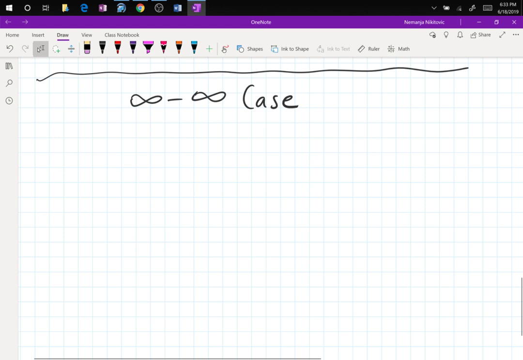Remember that the only way to do L'Hopital's rule is to have 0 divided by 0 or infinity divided by infinity. Okay. The previous problem was multiplication, and we used the trick to change multiplication into division, and then we had 0 over 0, we can use L'Hopital. Now it's subtraction.